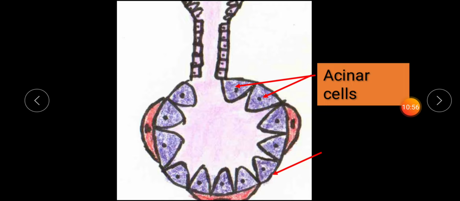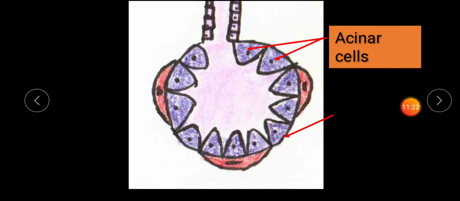These cells vary according to serous and mucous type of acini. If the acinus is serous, you have pyramidal cells, but whenever a mucous acinus is present, the cells lining the lumen are either pyramidal or columnar.